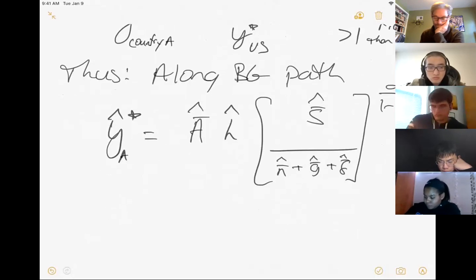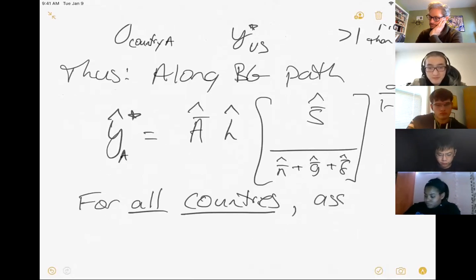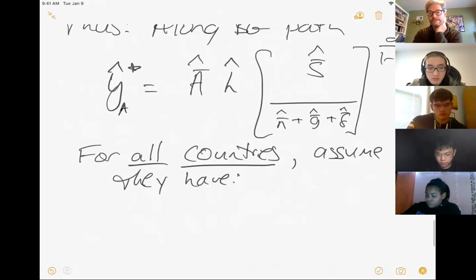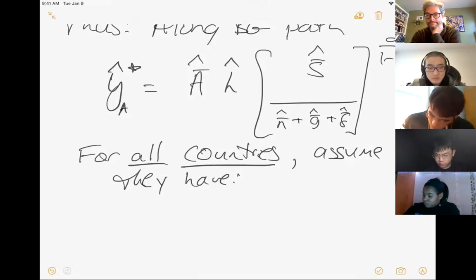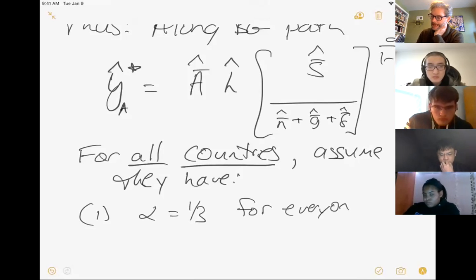Not really. So for the things that we can't observe, we're just going to assume that they're the same across countries. In other words, let's assume that alpha is equal to 1/3 for everyone.